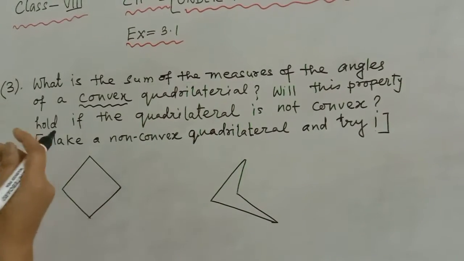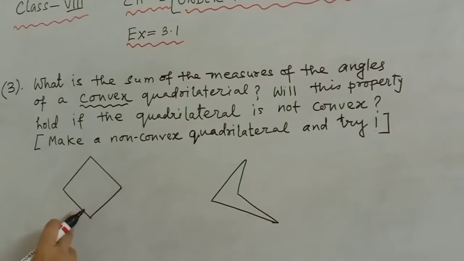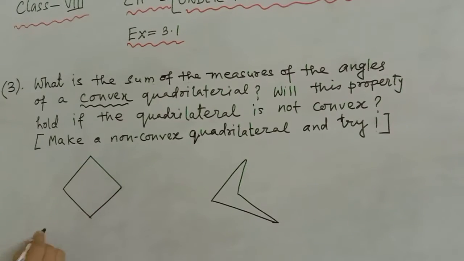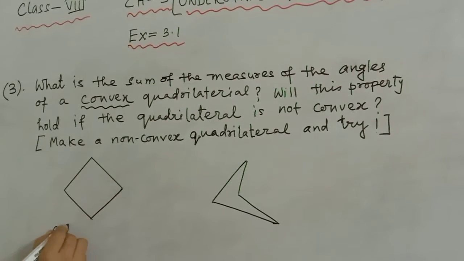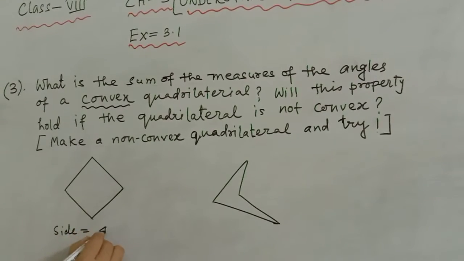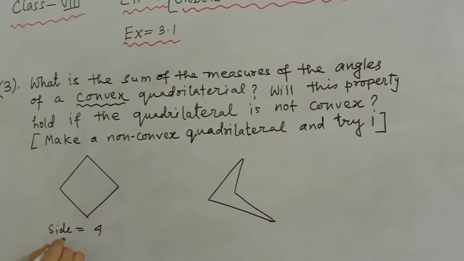For a convex quadrilateral, as the number of sides of the polygon is 4, the value of n is equal to 4.